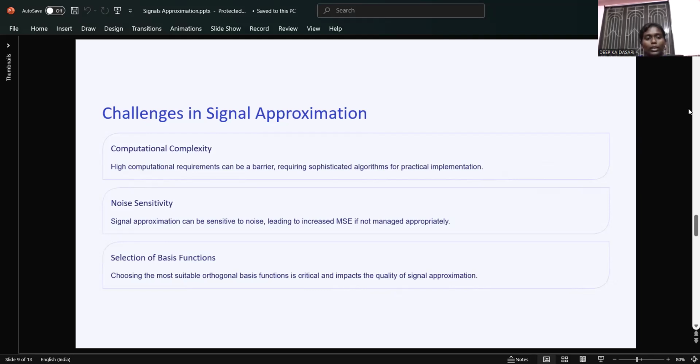And the most frequently faced challenge is noise sensitivity, which means signal approximation can be sensitive to noise, leading to increased mean square error if not managed properly. And selection of basis functions: choosing the most suitable orthogonal basis function is critical and impacts the quality of signal approximation.